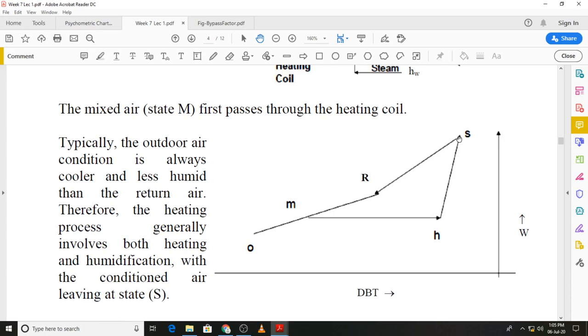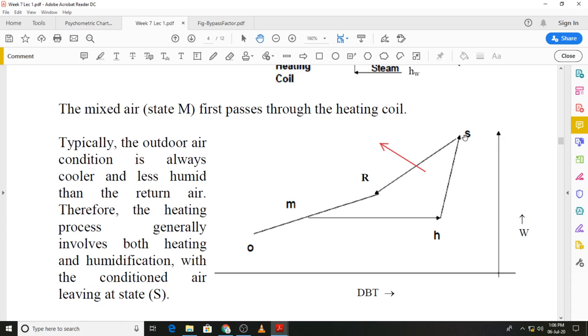Once you have reached the desired supply state, that is S, then you will supply it to the room, and in the room you can see that because of the heating load you will have the heat, being the latent and sensible heat, which is basically being lost by the room, and that is balanced by the supply air to the conditioned space, so that this room or conditioned space is maintained at state R.